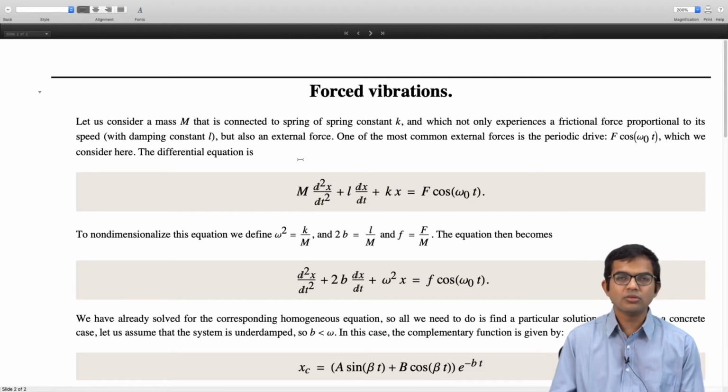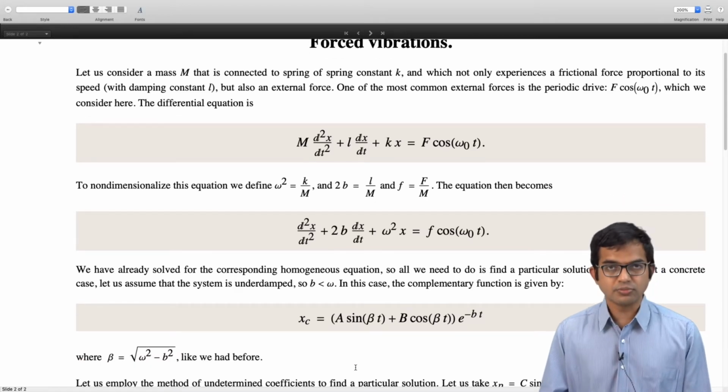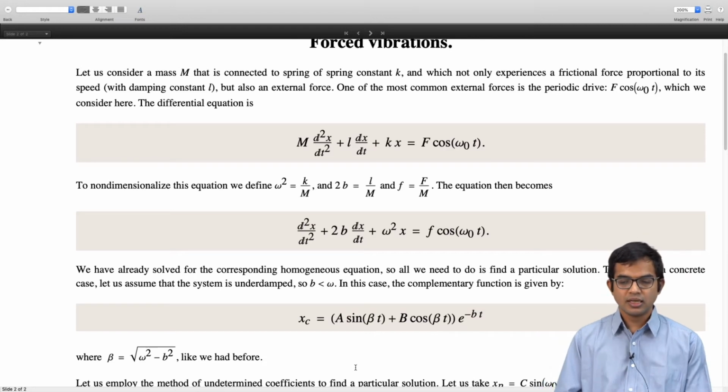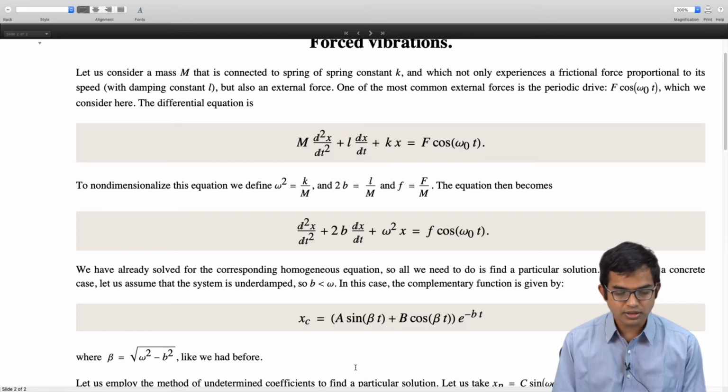We will argue how for long times the particular solution is what will dominate the dynamics of such a system. Okay, so the complementary function here is just a sine of beta t plus cosine of beta t, the whole thing multiplied by e to the minus bt, as we have already seen. Of course beta is defined as the square root of omega squared minus b squared, right? This is the case where omega is greater than b, so taking the square root of omega squared minus b squared is not an issue.